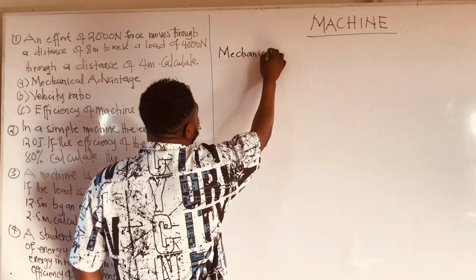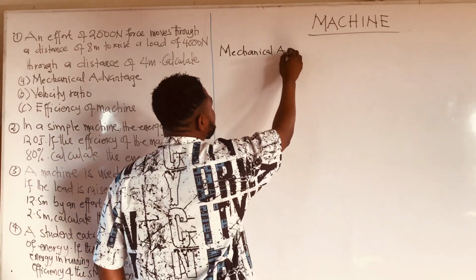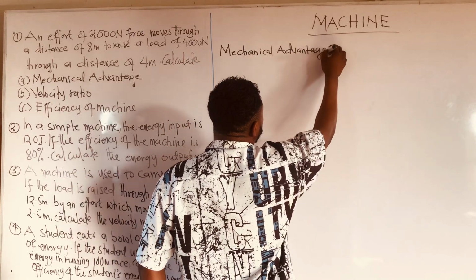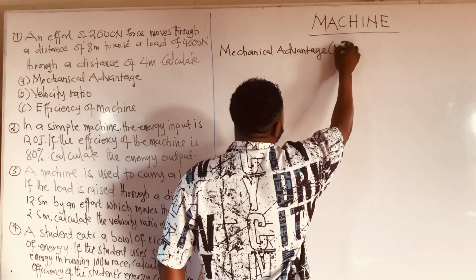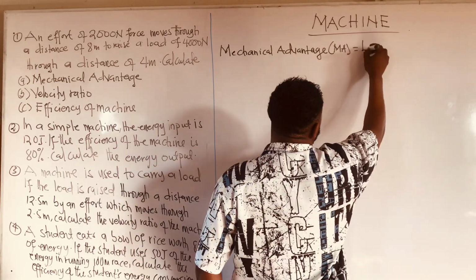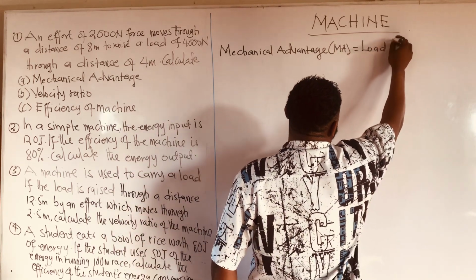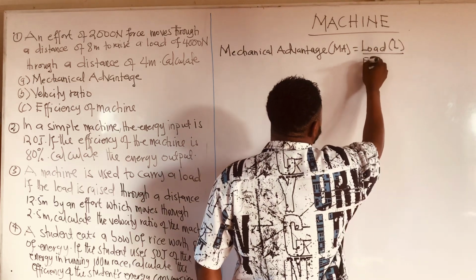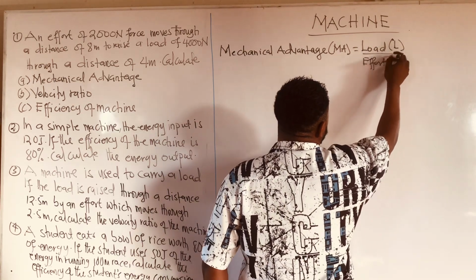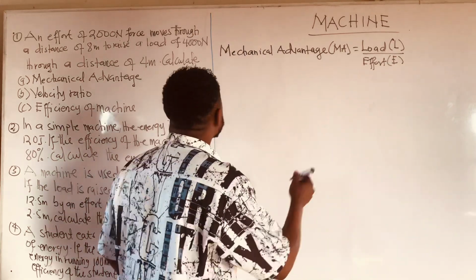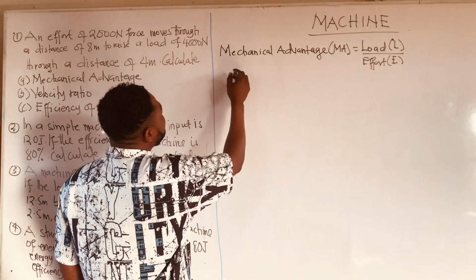So we say mechanical advantage mathematically, as we can see on the board, we can use MA to represent it. MA is equal to load, L, all over effort, E. So this is a mathematical formula that we can use for mechanical advantage.